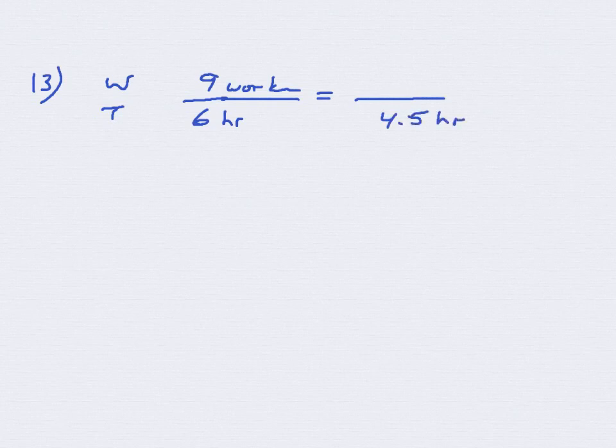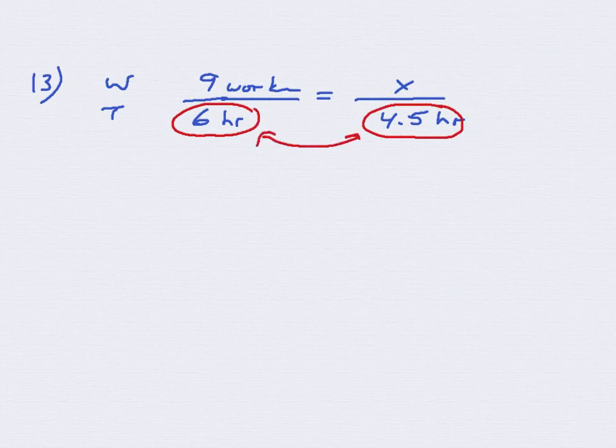If I solved it by cross-multiplying and dividing this way, I would not get an answer that would reflect the reality. So you need to remember what we learned together in class. You have to switch the denominators in order for the inverse proportion to give you the proper answer.